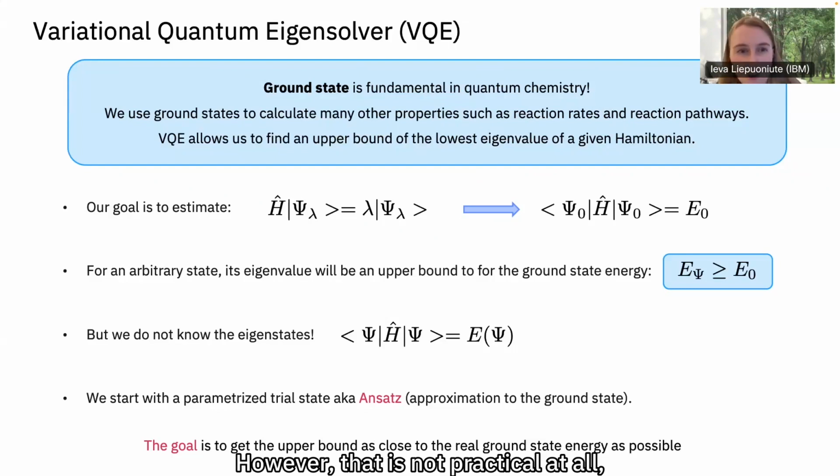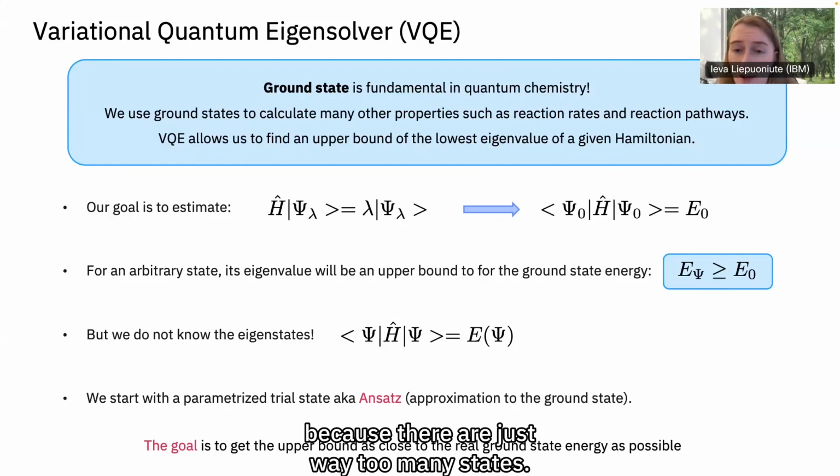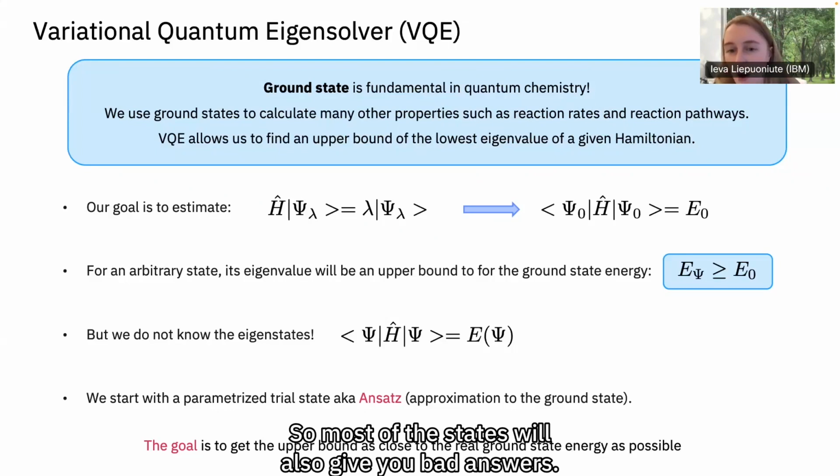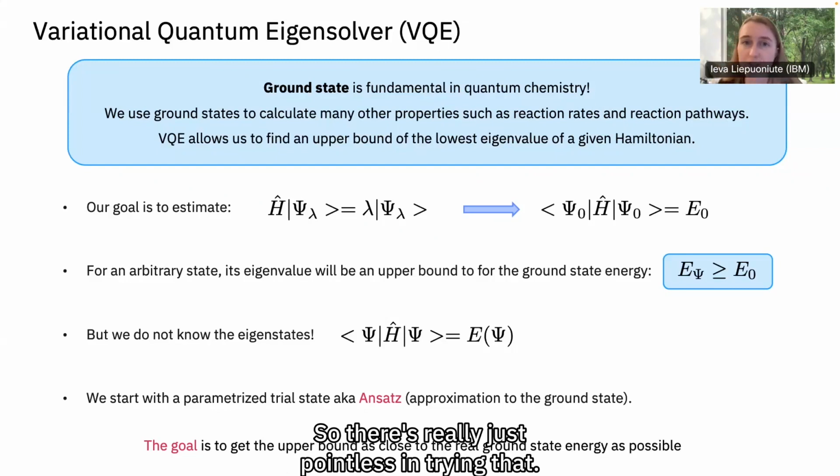However, that is not practical at all because there are just way too many states, and measuring all of them would just not be reasonable. Most of the states will also give you bad answers, so it's really pointless to try that.